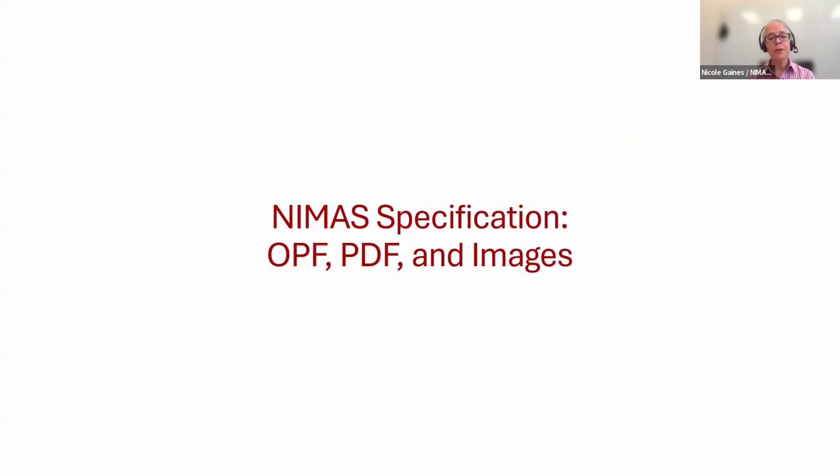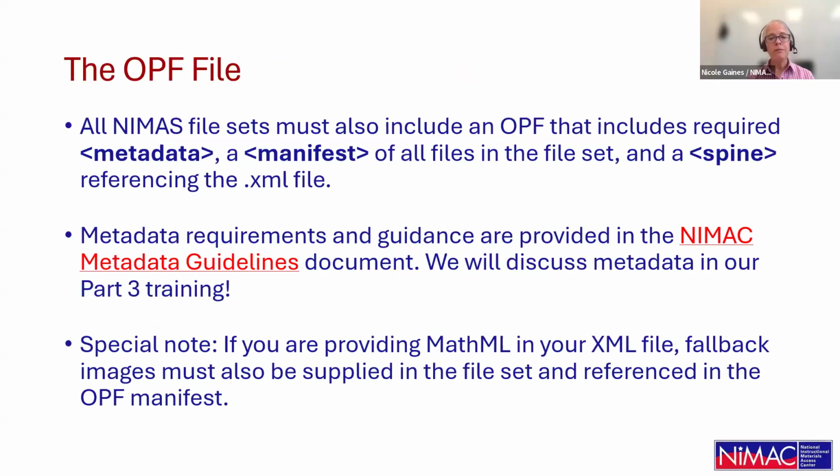In terms of other file set components, what we have are the OPF, the PDF, and the images. So moving on to the OPF file, again, we mentioned this in talking about the upload process in our earlier webinar. The OPF is really important in terms of providing the essential metadata that identifies the file. It's the source of the record that is going to be created in the system.